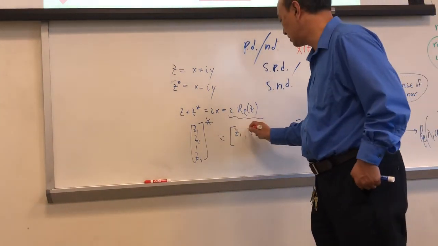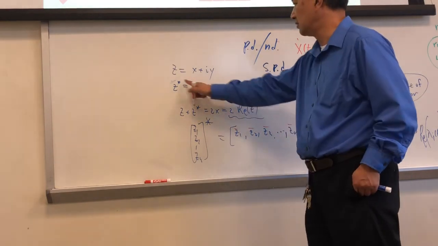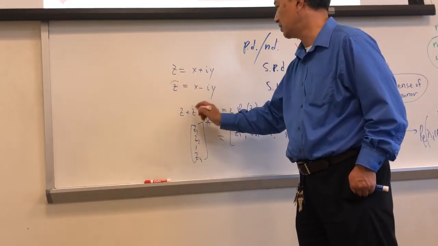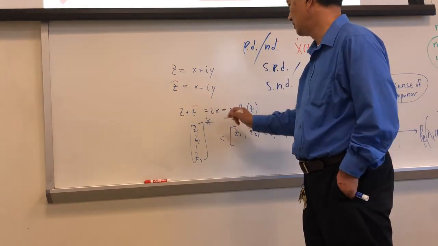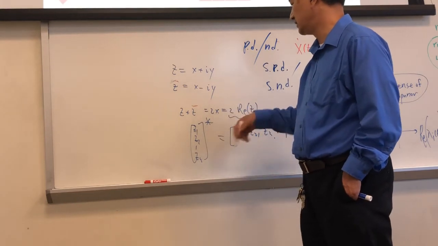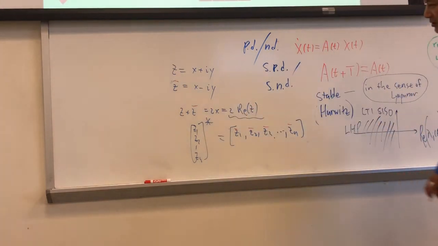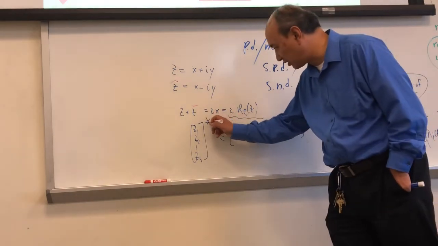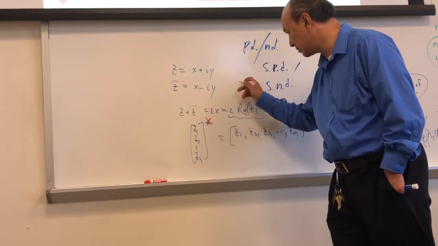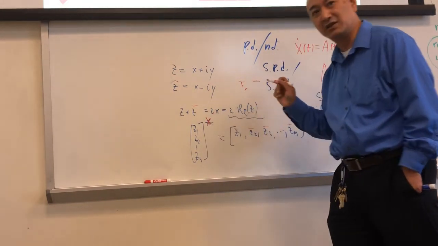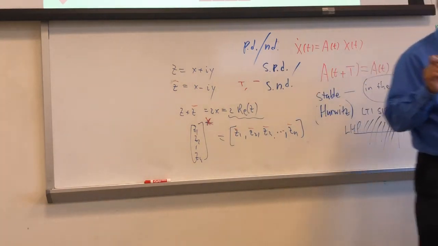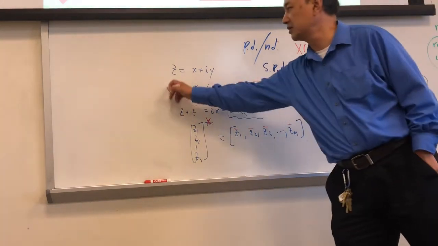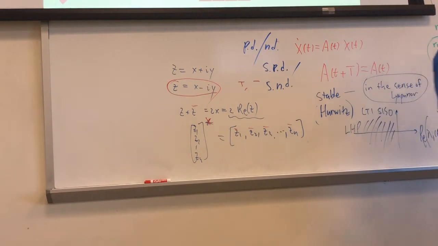For a scalar, you have bar. So this star is like a transpose and then bar. It's called the complex conjugate.